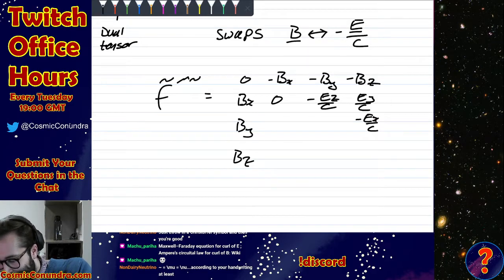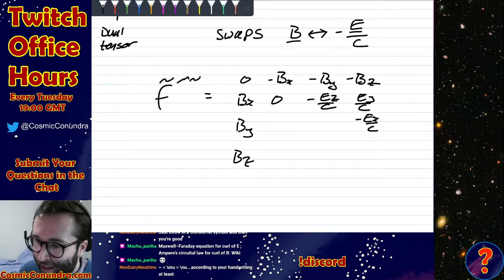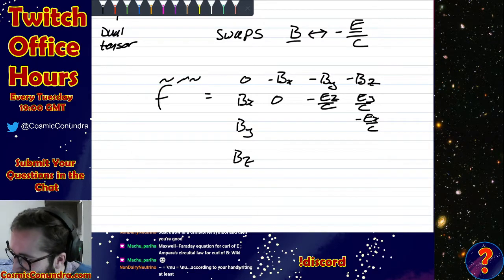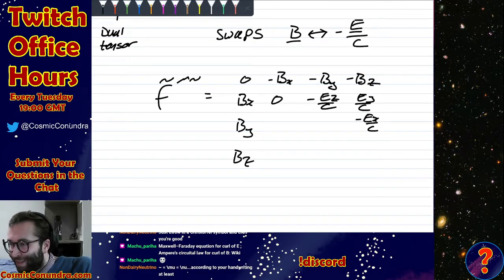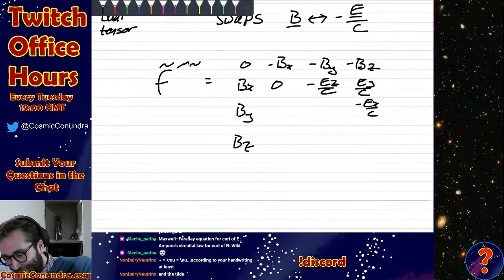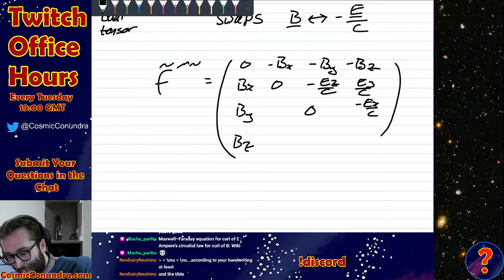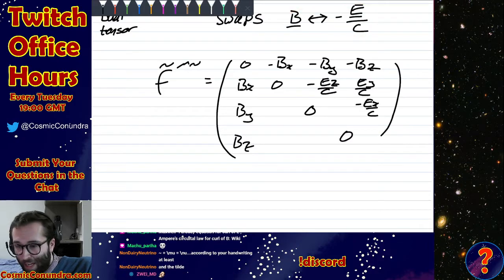I've got a tilde on top of the F, a mu and a nu, which all look pretty much like the same symbol, so I do have trouble with those indices. Anyway, the point is you just swap B with minus E. Okay.